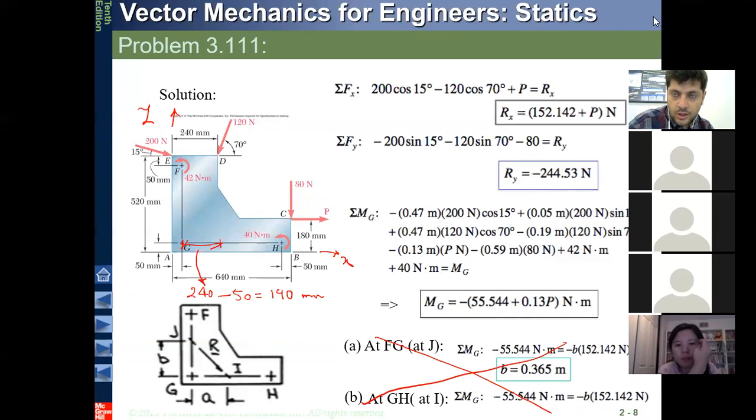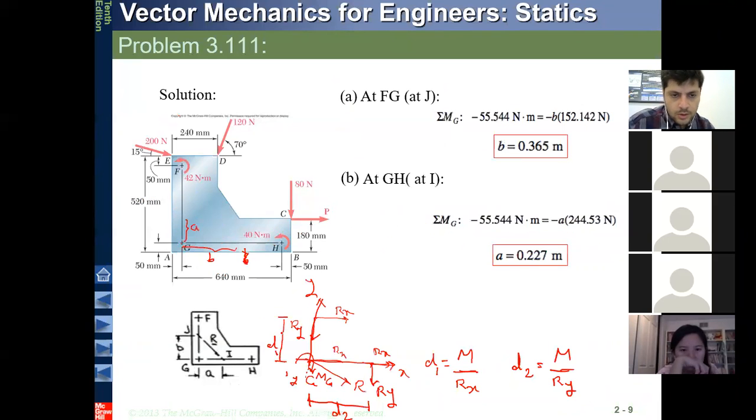So we started by calculating the resultant of the forces in x direction and y direction, and then we calculated the moment around point G, and you should not forget to add the couples in the system, and then we derived a moment for point G. So now we have the resultants in x, in y, and the moment around point G. So this is point G, we have a resultant force.